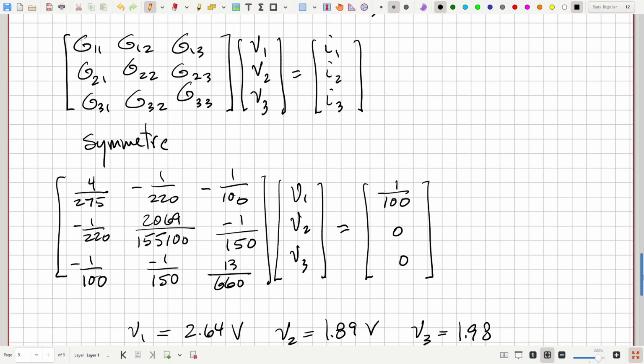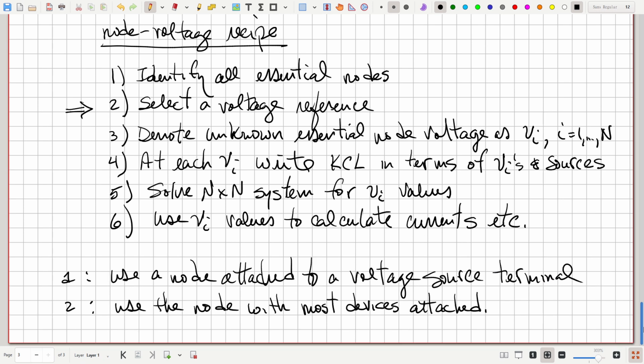So if we use the node that has the most devices attached as our reference, then we don't need to write a node equation there, and that tends to mean the other equations we do write would generally be shorter. So that might be more convenient. These are just two important considerations when you decide which node to use as your reference.